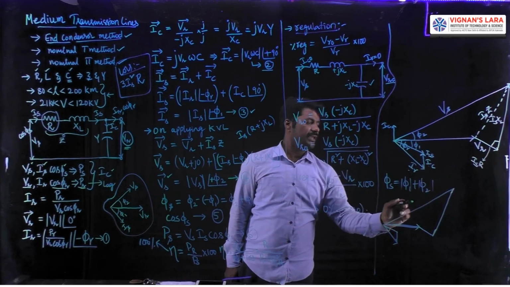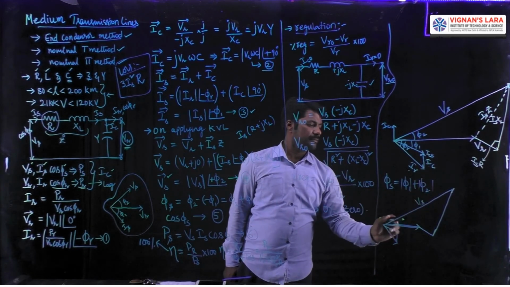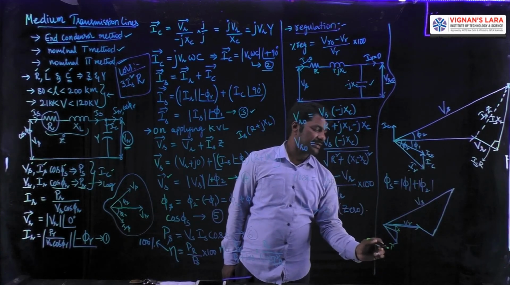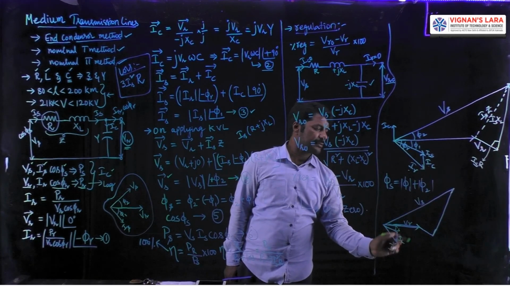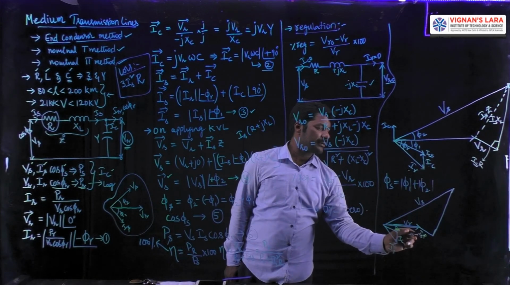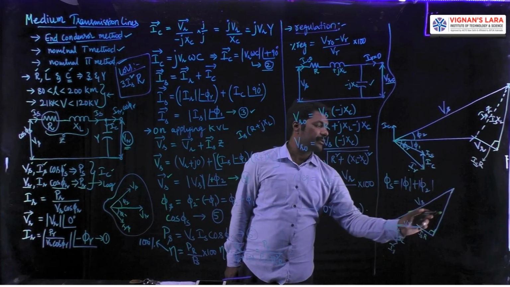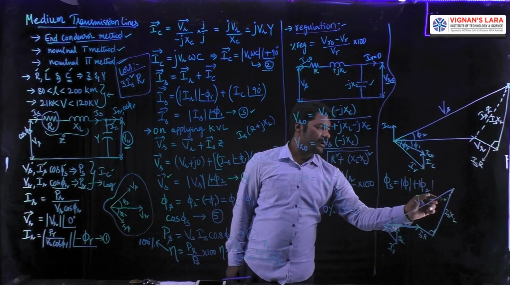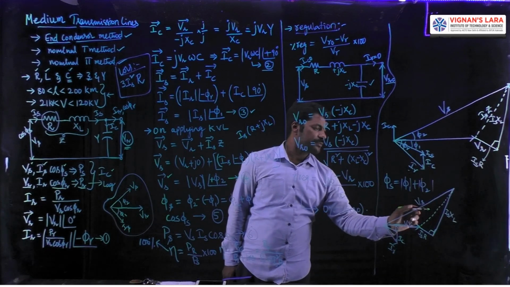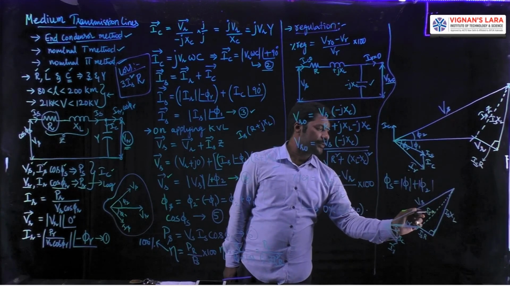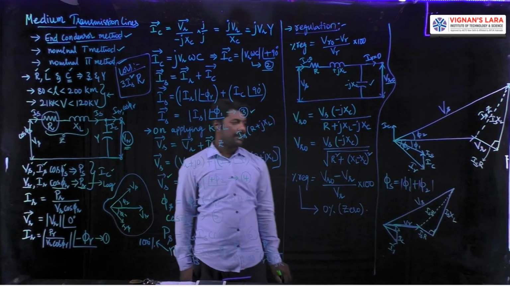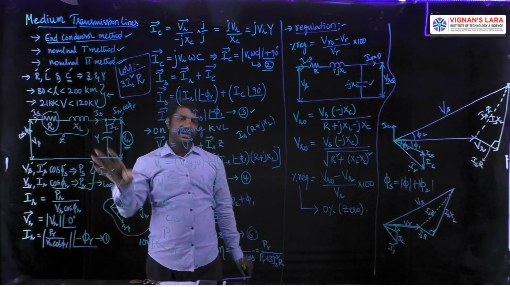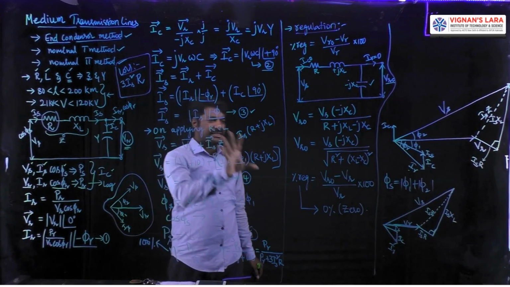This is VS. VR, IS, IR, IC, IS into R plus J, IS into XL. If I draw a dotted line, then it shows me IS into Z. Completed. In this way, you can analyze the medium transmission line with an end condenser method.